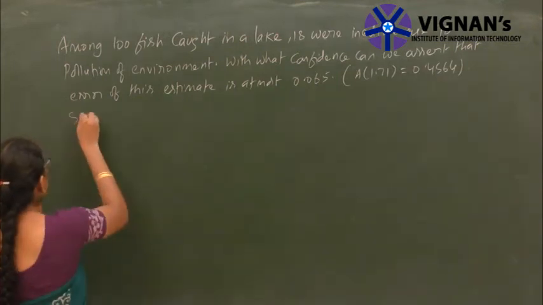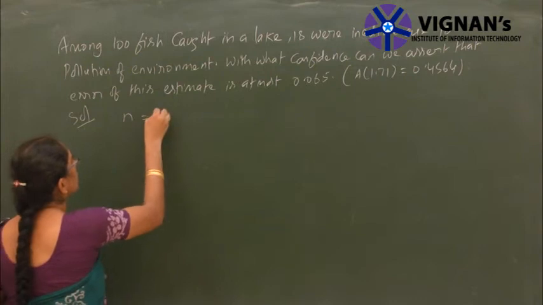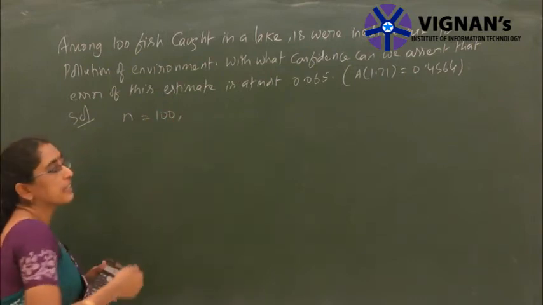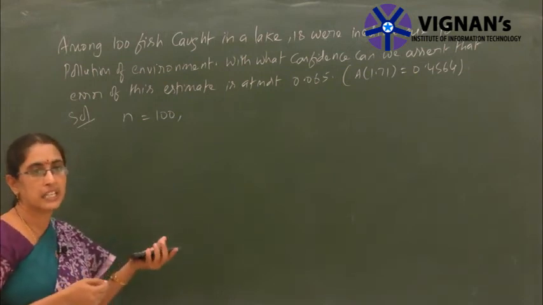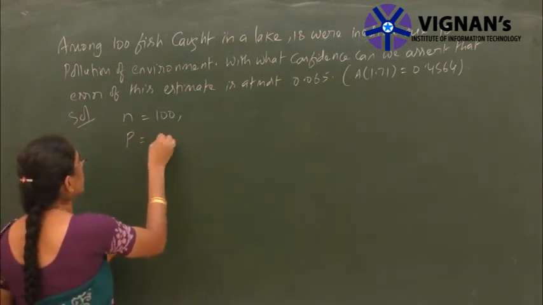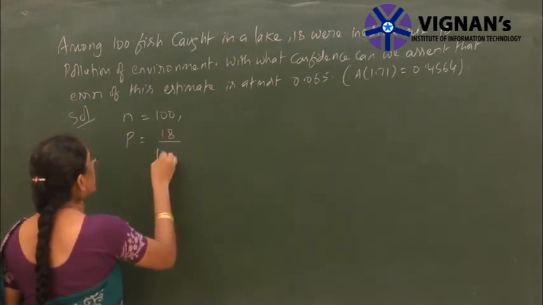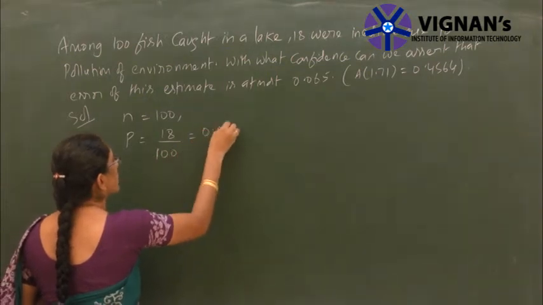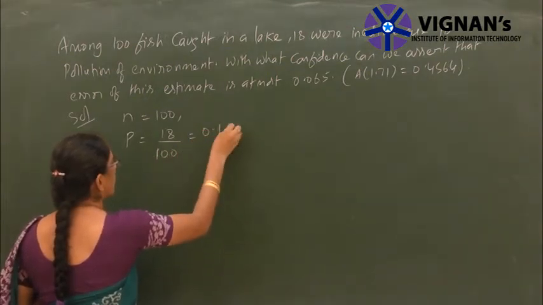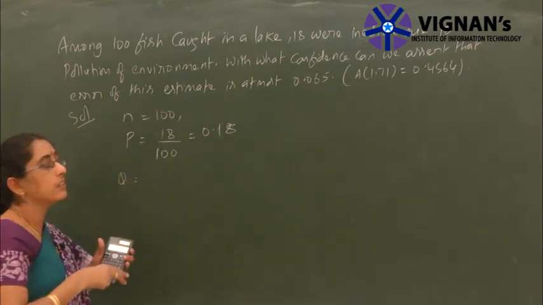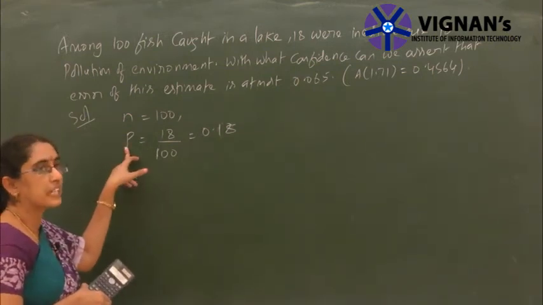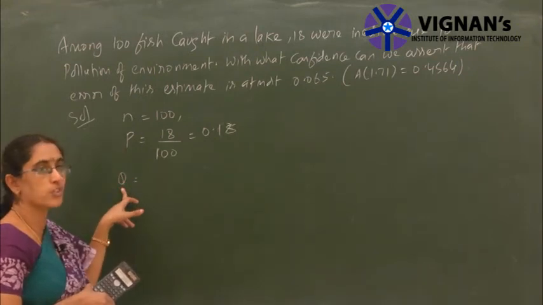So first write down the given data, that is n equal to 100. Now among these 100 fish, 18 were inedible. So we have to find the proportion of inedible. So this is P equal to 18 by 100, 0.18. Then P represents the proportion of inedible and Q represents the proportion of edible.